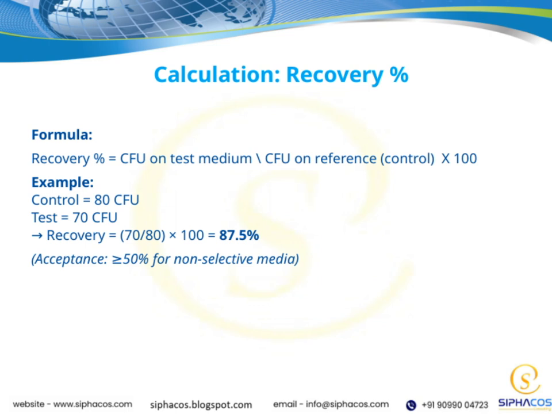This percentage helps us understand how well our test medium performs compared to the control. It's important to remember that for non-selective media, an acceptance criterion is generally considered to be at least 50% recovery. This measurement is key for validating our testing process and ensuring accuracy in microbial analysis.